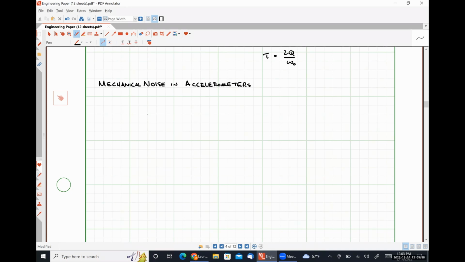So in an accelerometer, based on the equation that we talked about earlier, an input acceleration, let's call this x dot dot, is converted into a force by the mass. So effectively, the gain of this stage is the mass. And then we're going to come back to this in a moment.